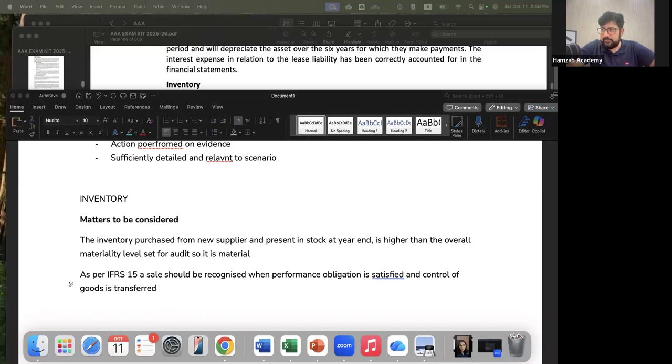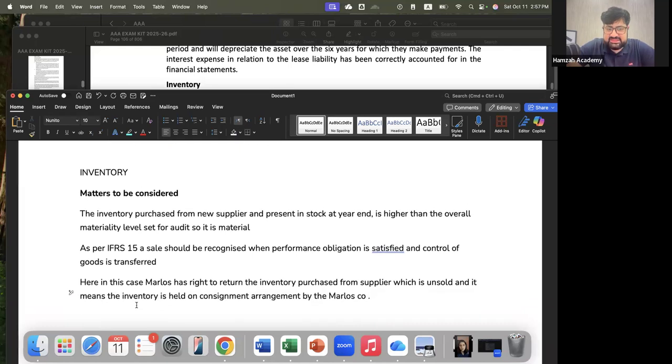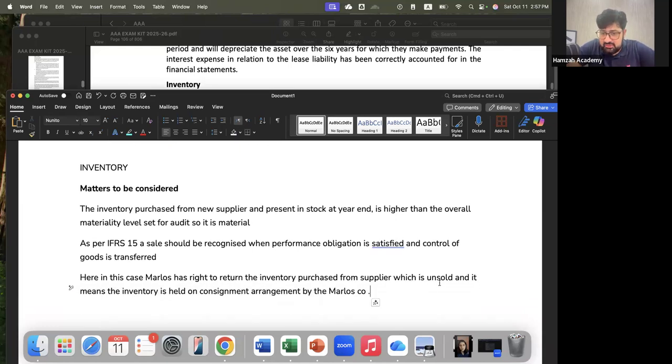But now applying to the scenario, in this case they have the right to return unsold inventory for a specific period, and the supplier can demand return at any time.